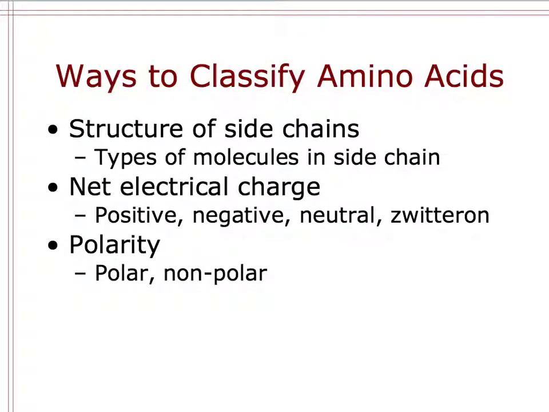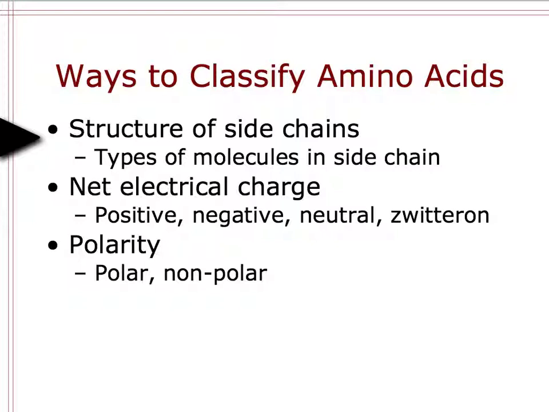There's different ways that amino acids can be classified. So the first way we'll look at here is the structure of the side chains of the amino acids. When amino acids are classified in this way, essentially they're looking at what types of molecules are in those side chains. So the side chains are highly variable, from very small to very large and complex.